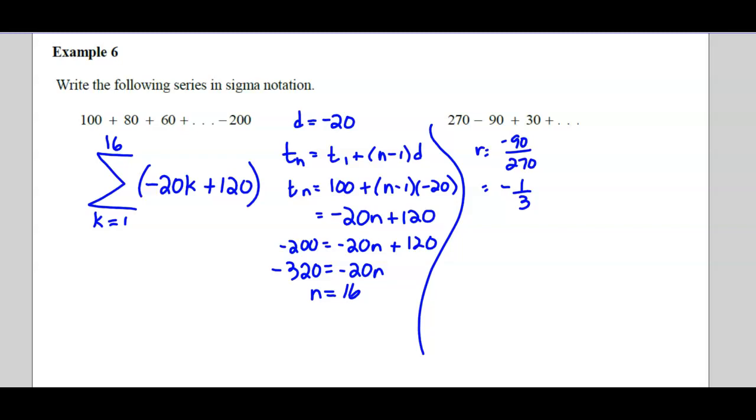Or 30 divided by negative 1/3. So it's geometric. So Tn would be T1 times R to the n minus 1. T1 is 270. Common ratio is negative 1/3 to the n minus 1.